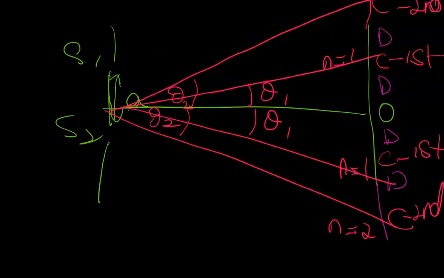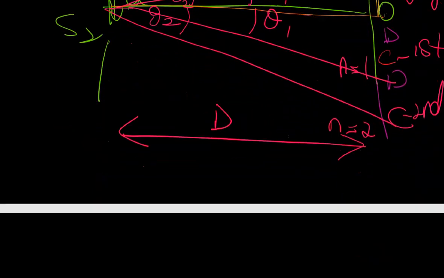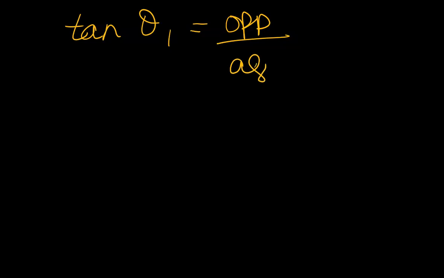So in fact, we could look at our separation of fringes delta y from the central maxima, right? And if you look here, you let this distance be d, right? So you let this distance be d. So here to here is d. And then you had this here is delta y, the separation of the first fringe from the central maxima, and you had the order. Then you can say now that it is a triangle. So you have tan of theta 1 is opposite over adjacent.